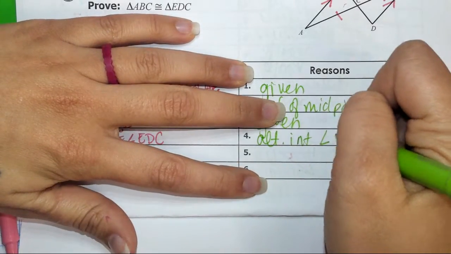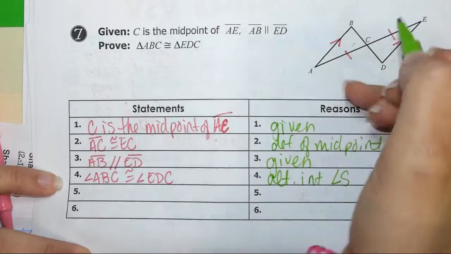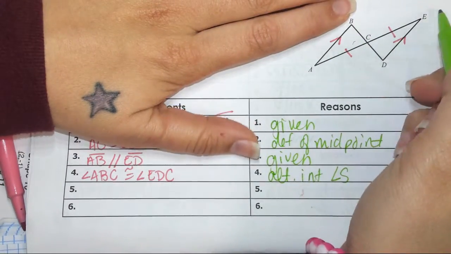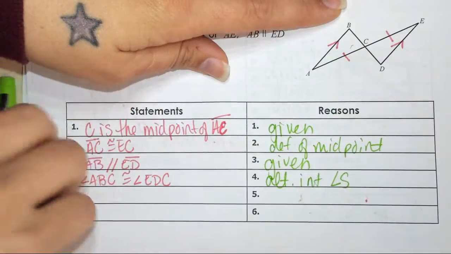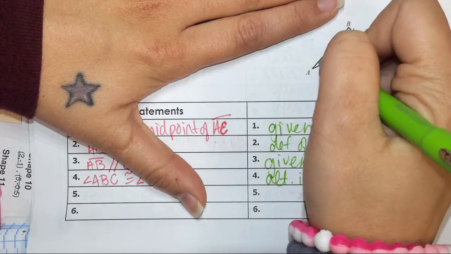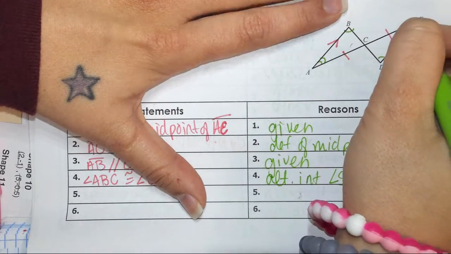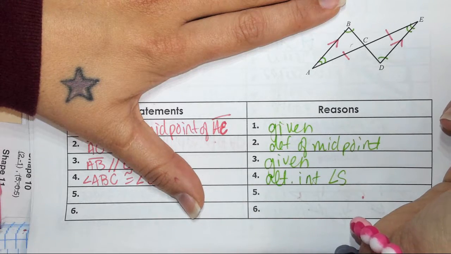Alternate interior angles. So he saw the transversal the other way. He saw that these 2 were parallel and then used EA or AE as his transversal. So we said that these were congruent, but you could also say that these are congruent. We're going to show that in a second.